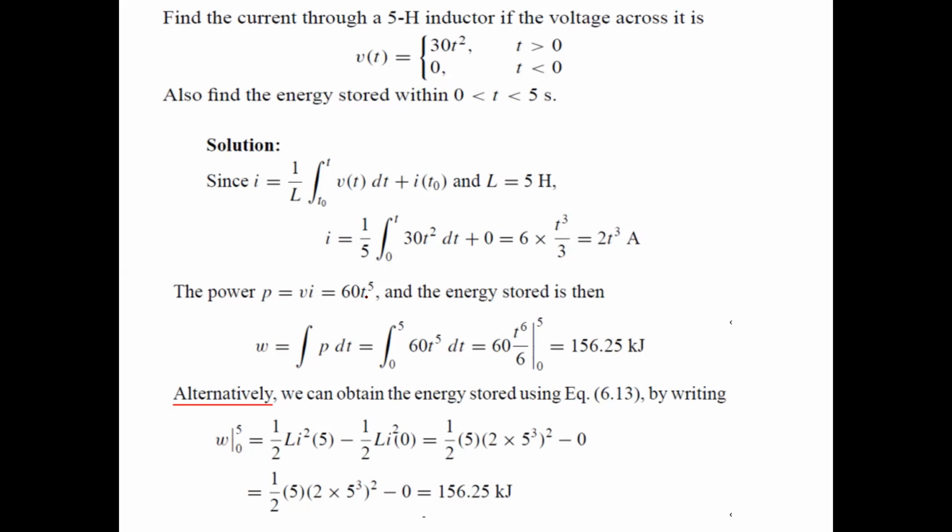The power is equal to vi, v is given 30t square, we multiply it by i, which comes out to 2t cube, it becomes 60t raised to the power 5, and then energy can be found by this equation, in which we have the limits 0 to 5. We have to take a time interval from 0 to 5 seconds as given in the question.